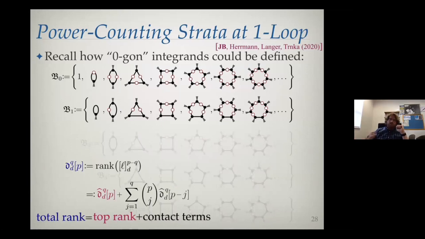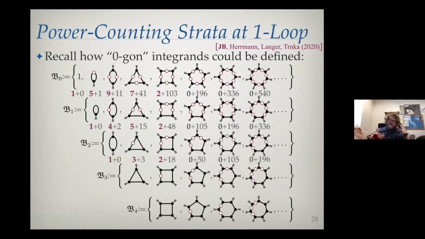So for any Q, P, and D, we have a closed formula for both the total rank, which is trivial because this total rank is just that original sum of binomial coefficients, and we have a nice closed formula for what that thing is in any P, Q, and D. But anyway, again, structurally, it's the same story. We're taking this total space and we're just decomposing it into the subspaces spanned by contact terms. And so thereby you can see that the ranks attached to these base integrand bases get organized as follows.